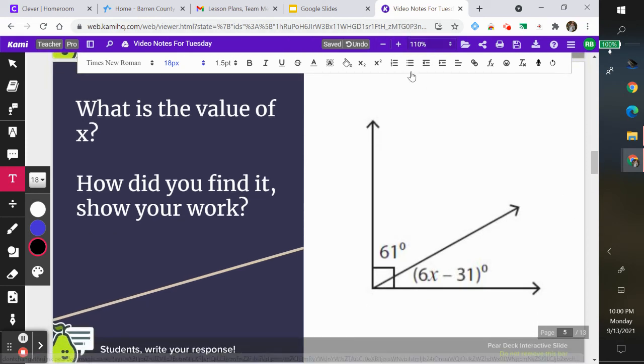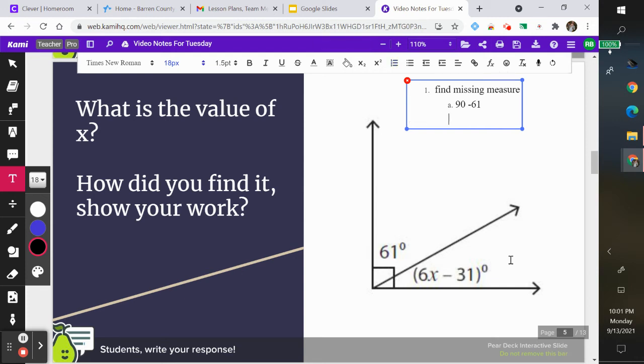So in this case, again, the first step is going to be find the missing measure. I'm going to do 90 minus 61 to figure out what the total measurement of this angle is. So 90 minus 61 is going to be 29.